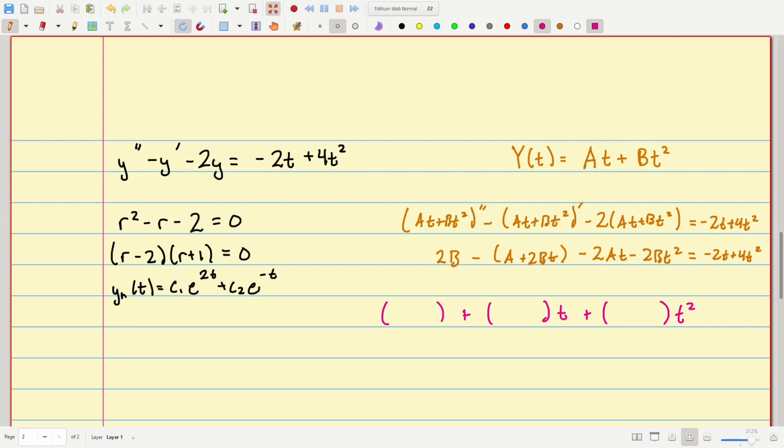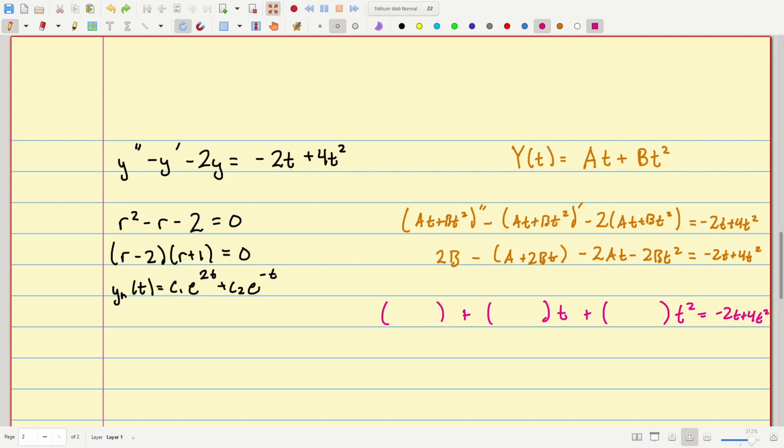I have a coefficient for the constant term. You can either think about this as 1 or t to the 0 power, whatever, right? You have the stuff times t, and then the stuff times t squared. And that has to be equal to this, whatever goes in there, okay?